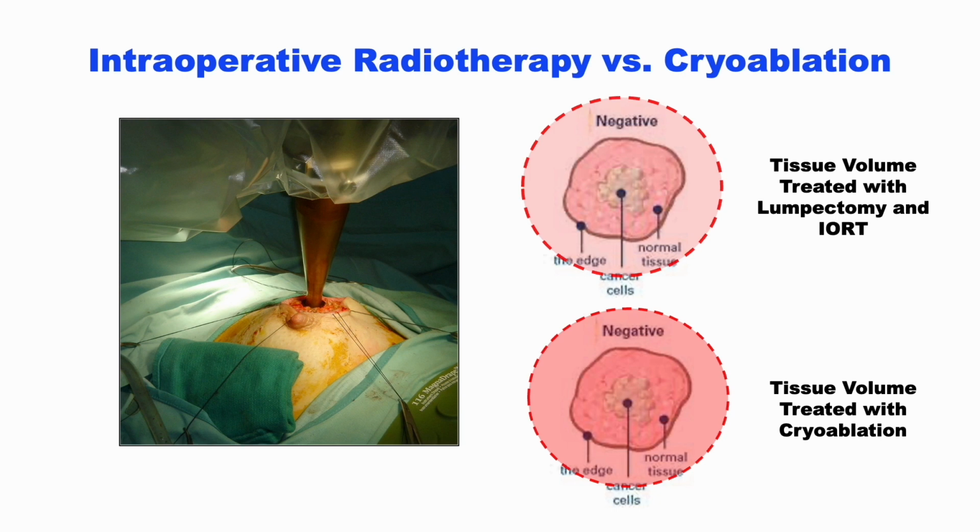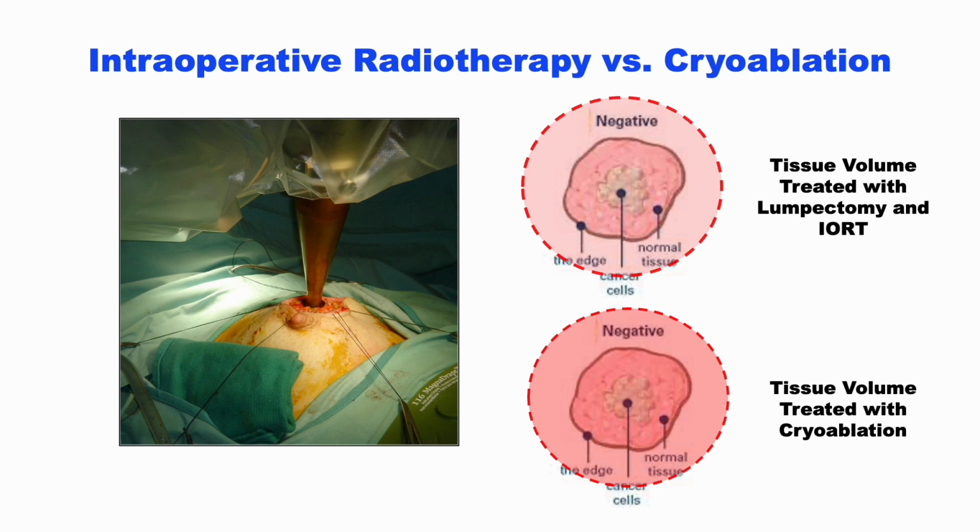For a tumor about 1 centimeter in size, we can usually ablate about a 1 centimeter margin. And so, what you see essentially is that if the tumor is small enough, the amount of volume you can treat with lumpectomy and intraoperative therapy approximates roughly the amount of tissue that you would ablate if the patient underwent ablation.